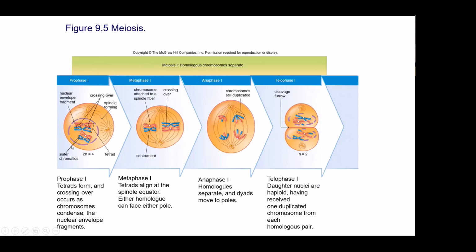You have the breakdown of the nuclear membrane, and the chromatin constricts to form chromosomes. But instead of just having the individual chromosomes line up, you can see there's synapsis here, where the homologous chromosomes connect and maybe do a little crossing over.